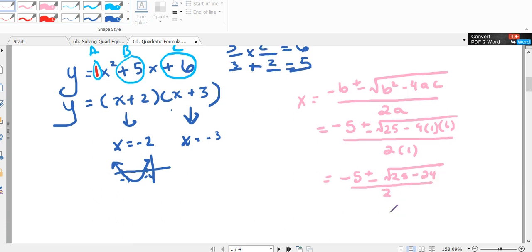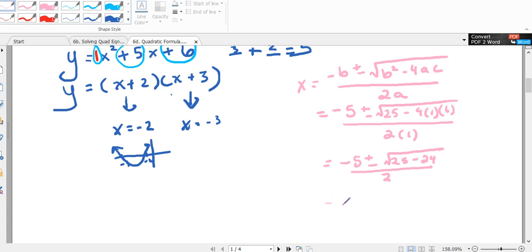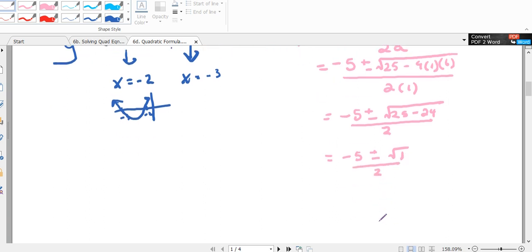Okay. And then equals negative 5 plus minus square root of 1 divided by 2. So I get negative 5 plus minus square root of 1 is just 1, divided by 2, which means my two answers are x equals negative 5 plus 1 divided by 2 and x equals negative 5 minus 1 divided by 2, which means negative 5 plus 1 is negative 4.